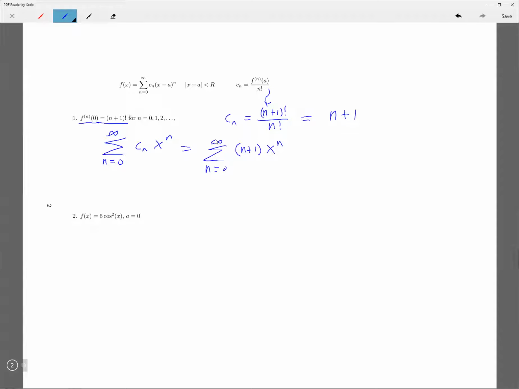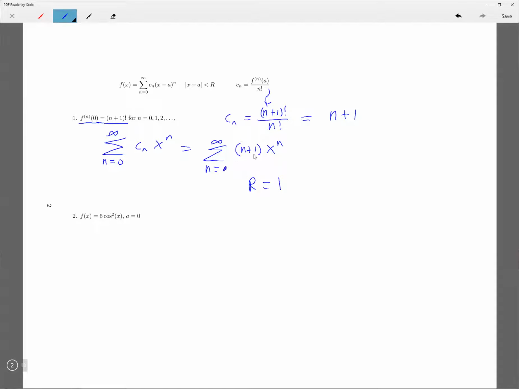And what's the radius of convergence? One. Yes, that's just going to be 1. That was a good guess. Because it was a guess. I thought you knew what you were talking about.